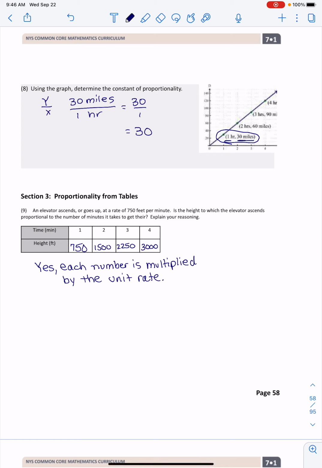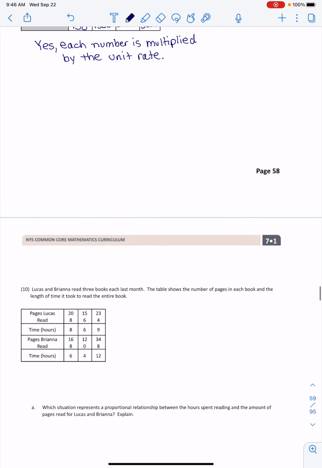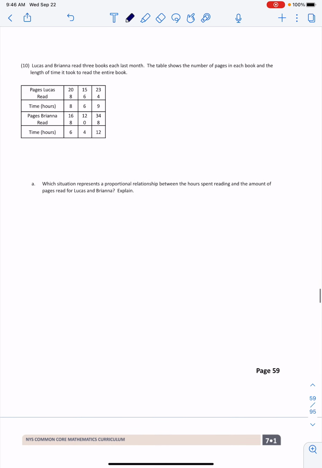Our next example, and I have to apologize because the table got weird. The first number is 208 right here. This is 156. This is 234.